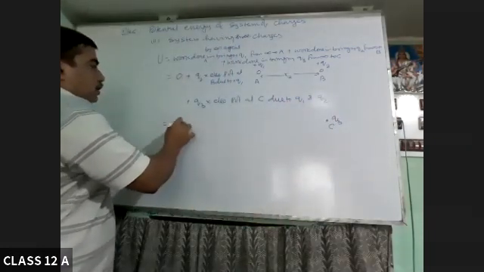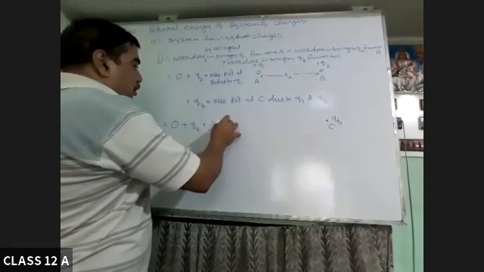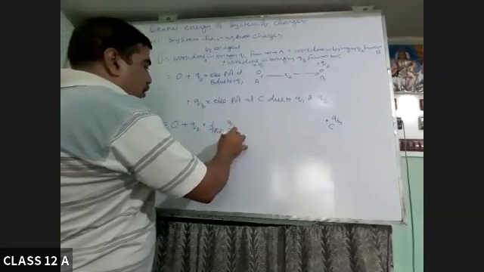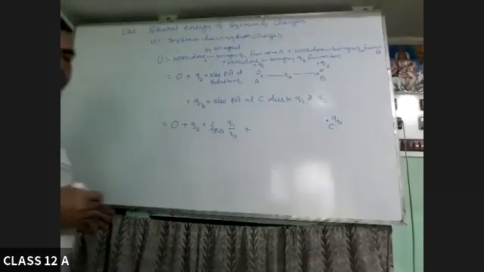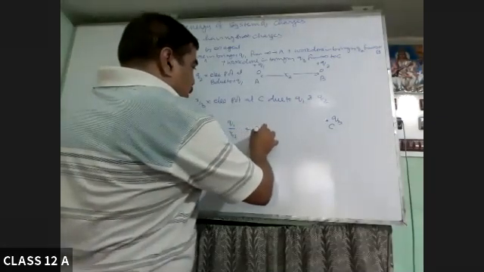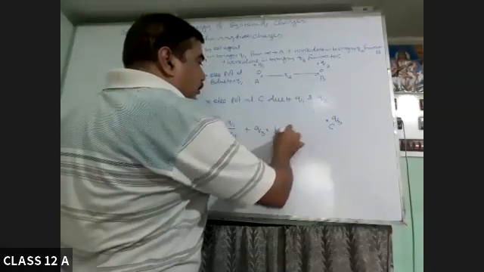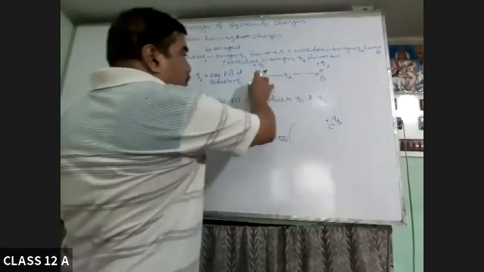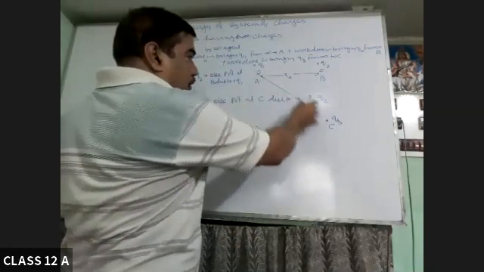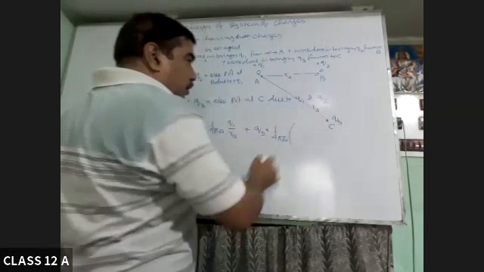So first work done 0. This one we already have: Q2 into 1 by 4 pi epsilon naught Q1 over R12. Now this one: Q3 into 1 by 4 pi epsilon naught, potential at C due to A, this one. So this distance we are saying R13.